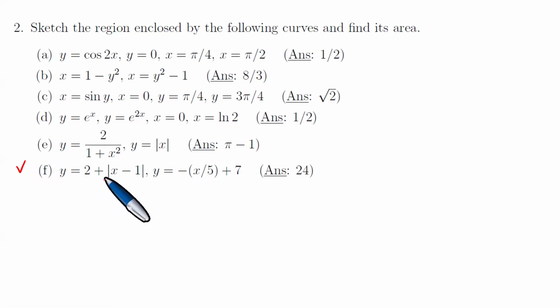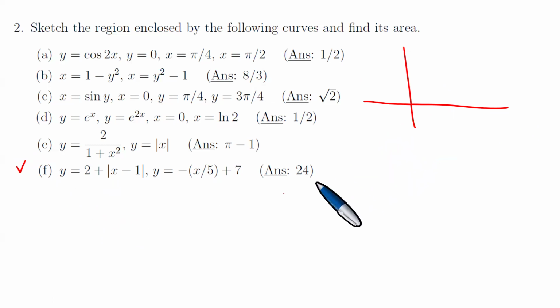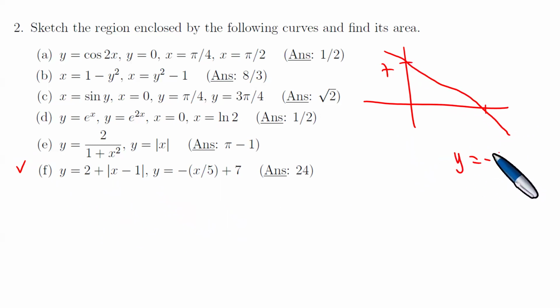To look at F, you need to be able to find the integral of this, the area of this, but let's have an idea of the sketch. When X is 0, Y is 7. When Y is 0, X is going to be a positive number. So this will be the graph of Y equals minus X over 5 plus 7.